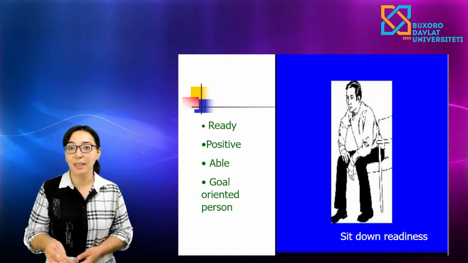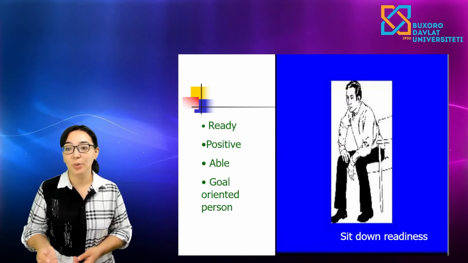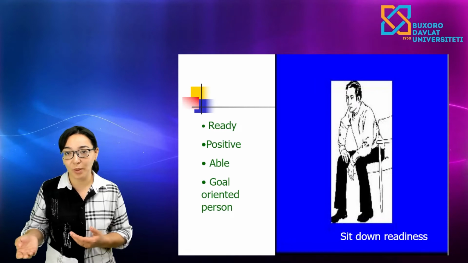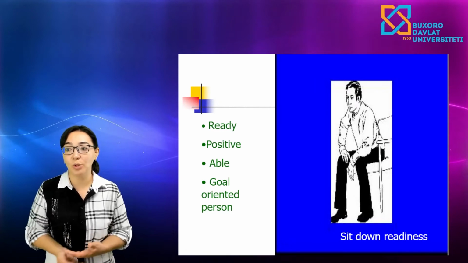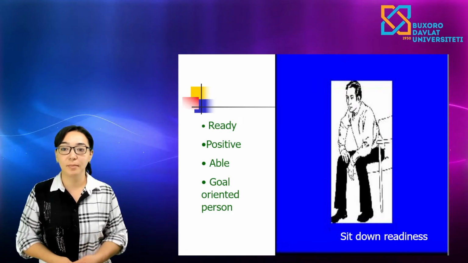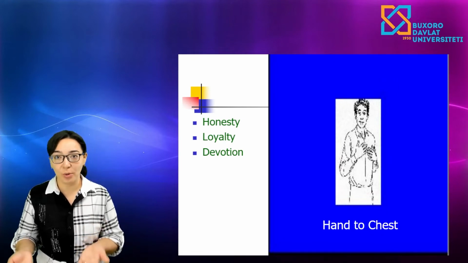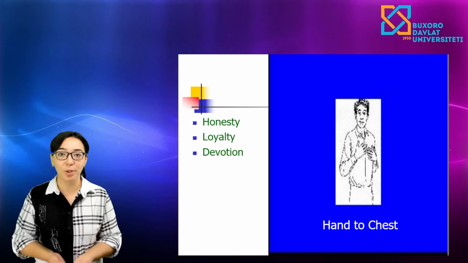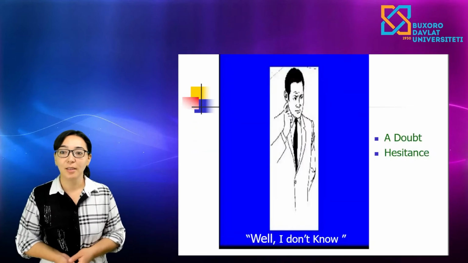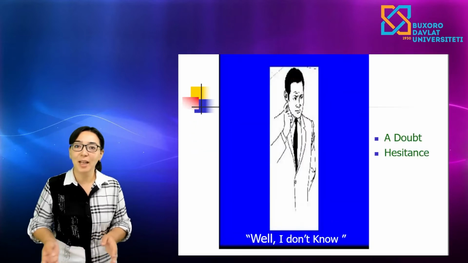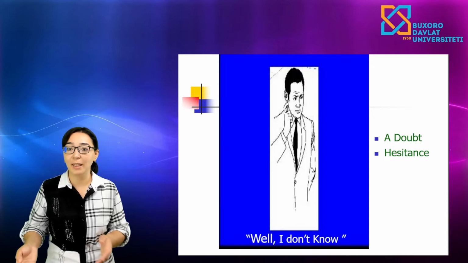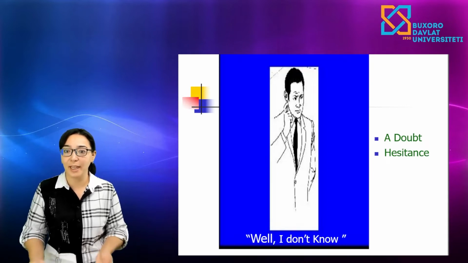Now, for example, sit-down readiness refers to being ready, positive, able, or a goal-oriented person. Head to chest refers to honesty, loyalty, and devotion, of course. "Well, I don't know": this kind of body language refers to doubt or hesitation.